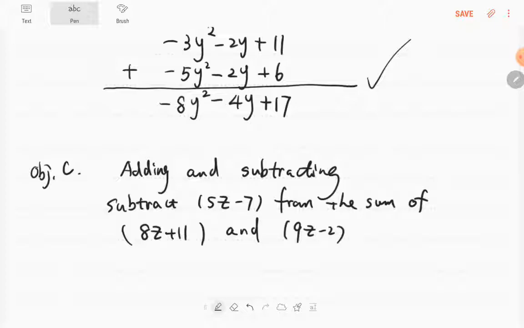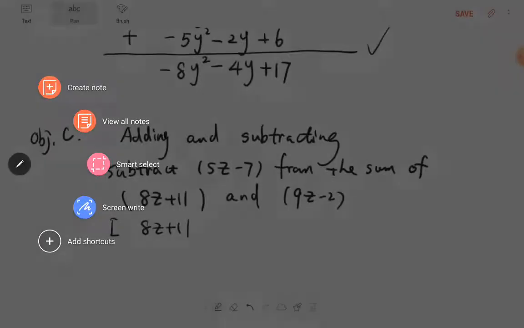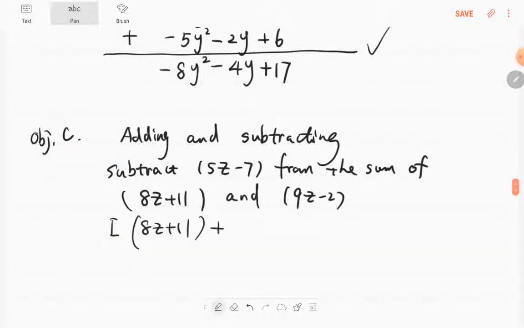So subtract this term from the sum, which means we should put the sum first, right? We should get the sum of these two terms, then do the addition. Then do the subtraction. Subtract this term from the sum, so we get the sum first.